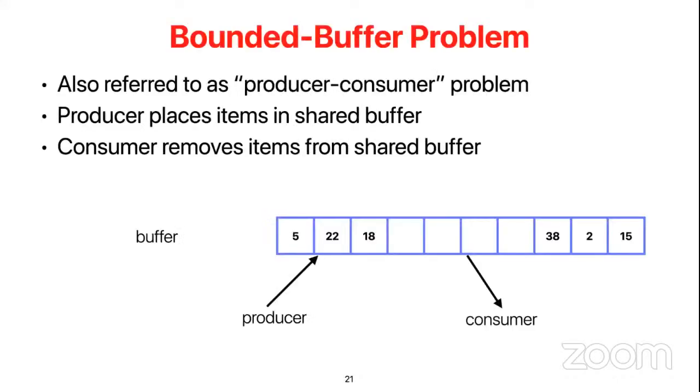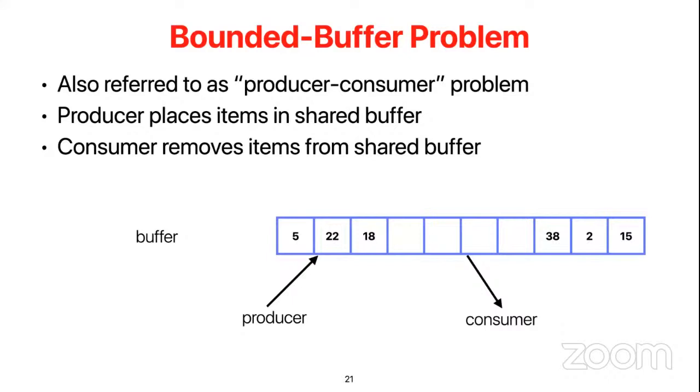If you have experience in multi-threaded programming, or if you had the undergrad operating system experience, this producer-consumer problem might not be that innocent to you. You have a producer thread and a consumer thread, and you have a buffer. The producer can put a number in the buffer, and a consumer can remove an item from the shared buffer.